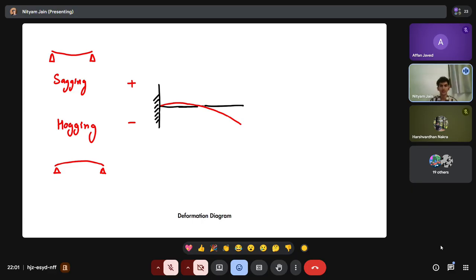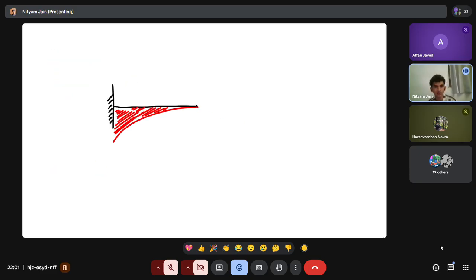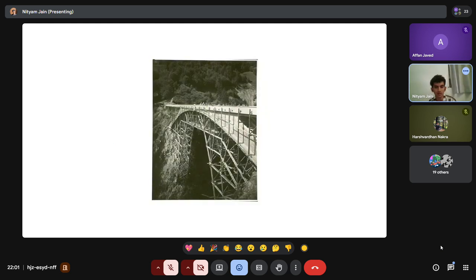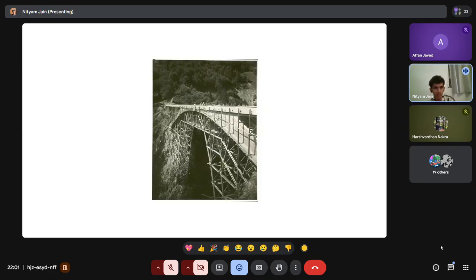Instead of bending like a normal beam, it sags, which is why the bending moment goes negative. If we take this diagram and mirror it, we can see the bridge is literally there, which also emerged because of the issue where this valley was so deep that they couldn't make any formwork or add any column in the middle.